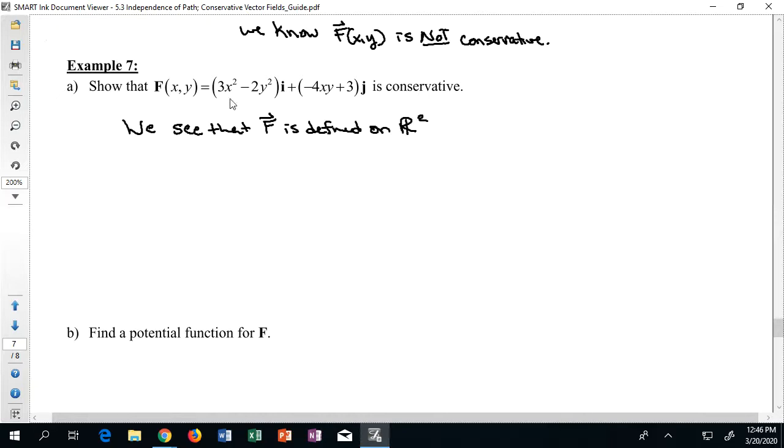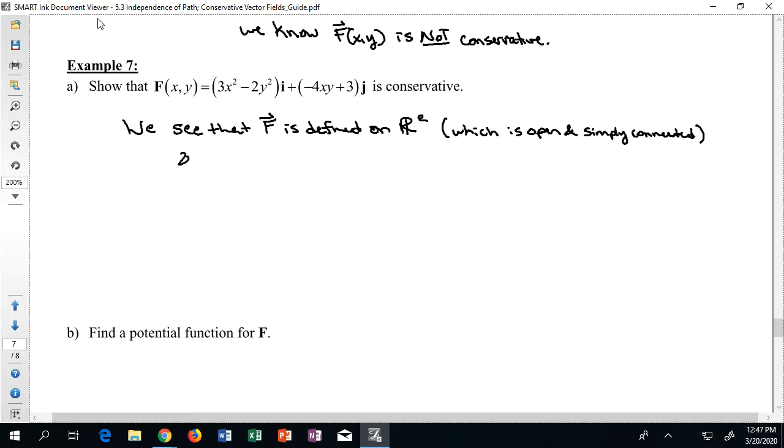Like, again, if I look at what values of x and y are allowed to be plugged in here, there doesn't seem to be any restrictions. I'm not going to ever divide by 0 or take the square root of a negative, nothing like that. I can also specify, like we did in the last video, that R2 is open and simply connected.